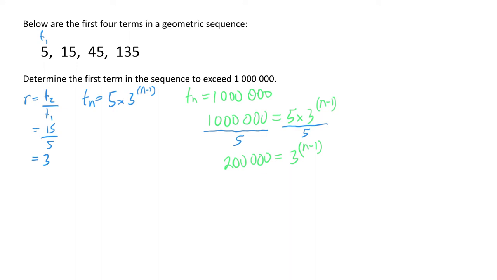So I can do guess and check, substituting in estimated values of n to see which one gives me 200,000. For example, I could start off by substituting n equals 10. That is 3 to the power of 10 minus 1, or 3 to the power of 9.